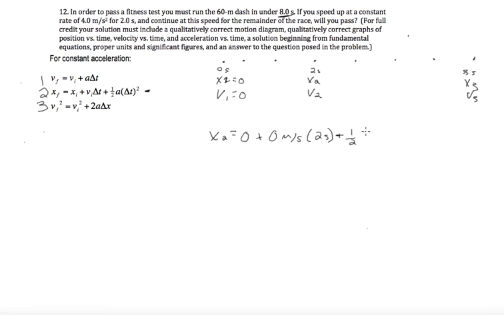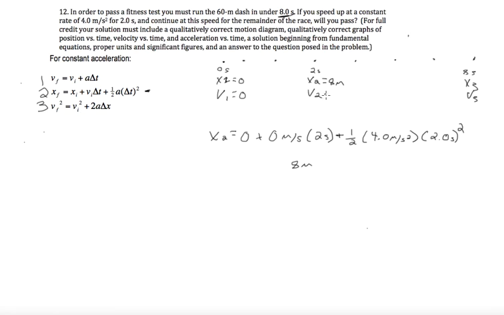And then we're going to have 1/2 the acceleration, 4 meters per second squared, times 2 seconds that we're accelerating for, squared. Okay, so now we can solve this. 2 squared is 4, times 4 is 16, 1/2 of that. So we got 8 meters. So now we know that our x2 is 8 meters.